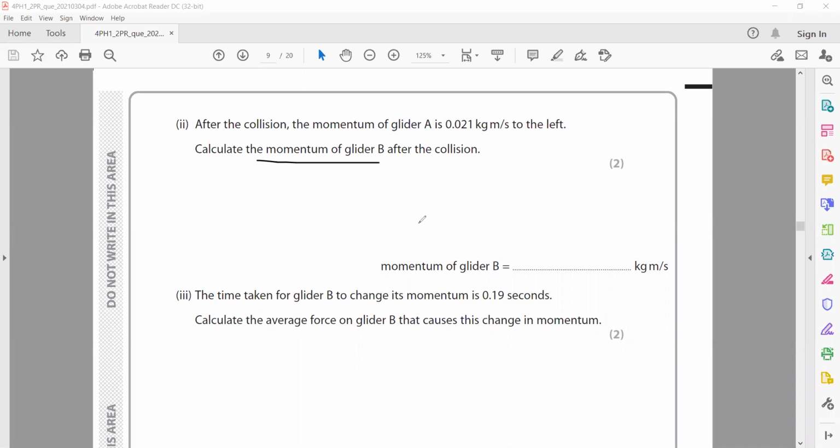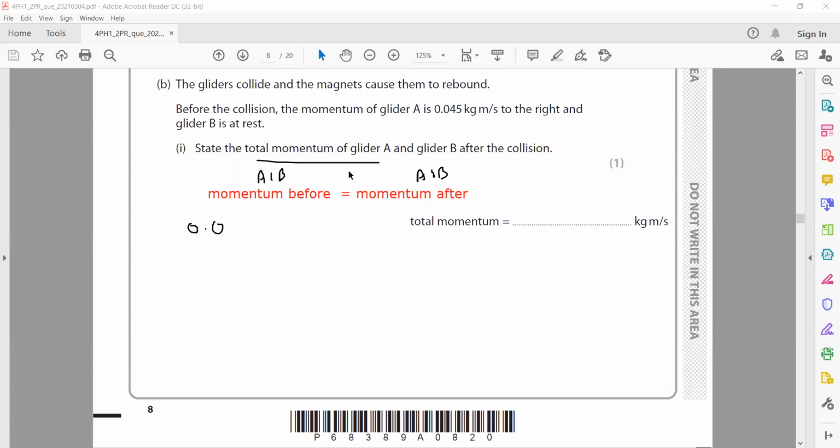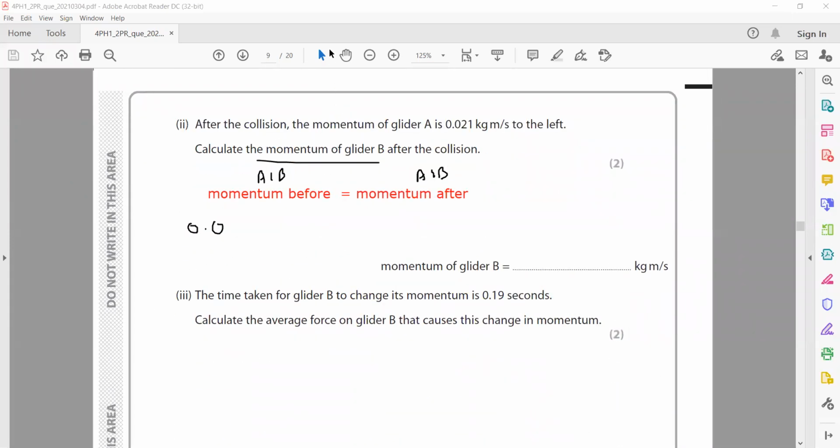Initial momentum of B was 0. So this was momentum before collision for A and B and momentum after collision for A and B. So before collision it was 0.045 for A, and B was 0.